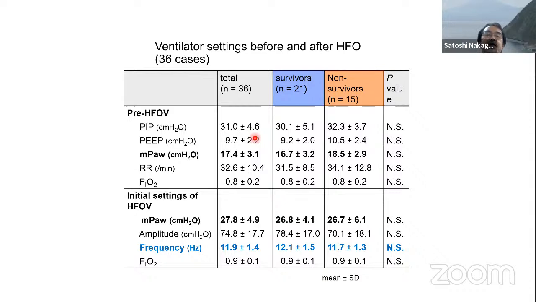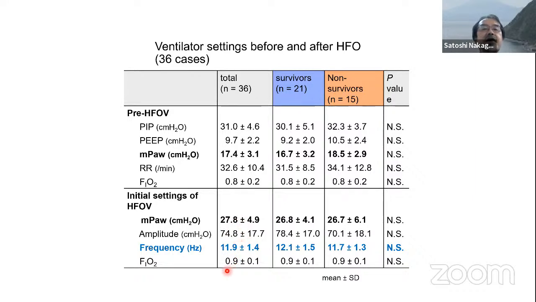So if the patient is on 30/10 of pressure-controlled ventilation, we usually consider switching from conventional to high-frequency oscillation mode. Mean pressure on the conventional mechanical ventilation was 17 on average. And when we start the high-frequency oscillation, we increased it to 10 centimeters above the mean pressure of conventional mechanical ventilation in HFO.